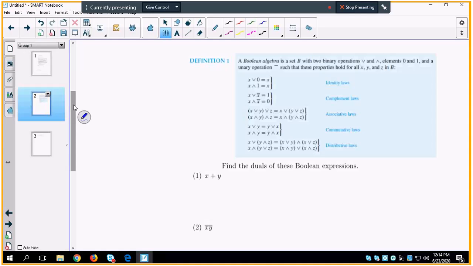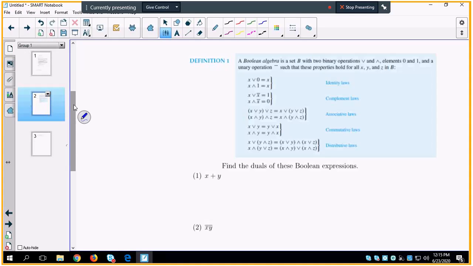x OR (y OR z) is (x OR y) OR z. x AND (y AND z) is (x AND y) AND z, that's the associative law. x OR y is equal to y OR x. x AND y is equal to y AND x, that's the commutative law.